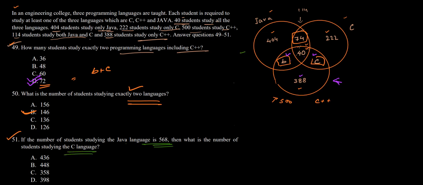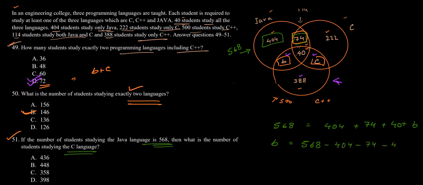So Java is 568. What you can see over here is that 568 consists of 404, 74, 40 and B. So 568 is 404 plus the value of A, which was 74, plus 40 students who are studying all three languages, plus B. So from this we can easily find the value of B, which will be 568 minus 404 minus 74 and minus 40.